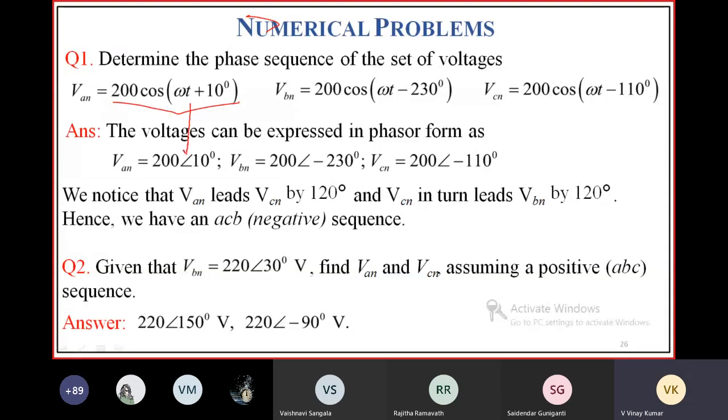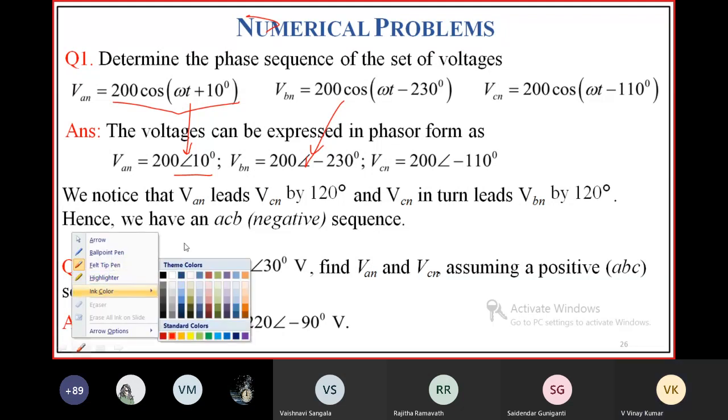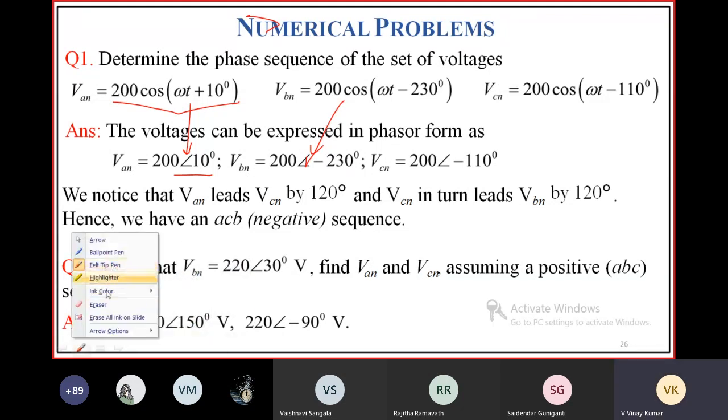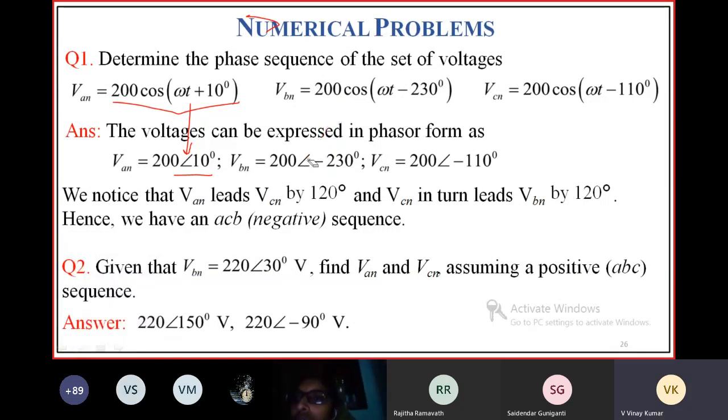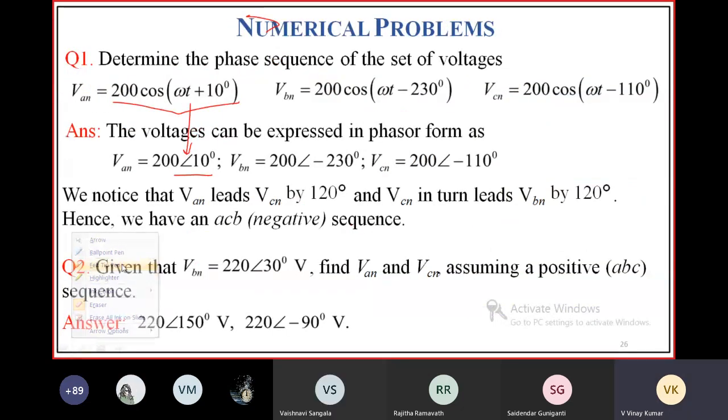This can be written as 200 at an angle 10 degrees, 200 at an angle minus 230 degrees, 200 at an angle minus 110 degrees.